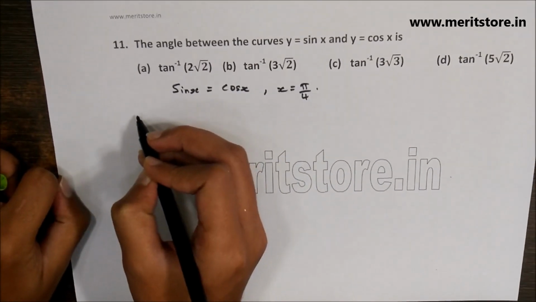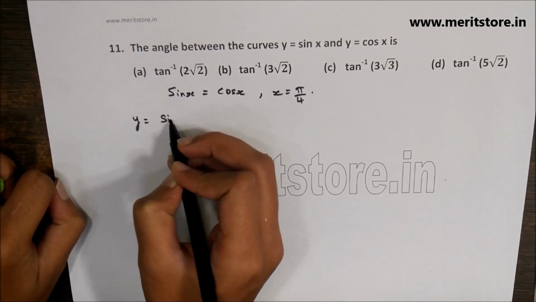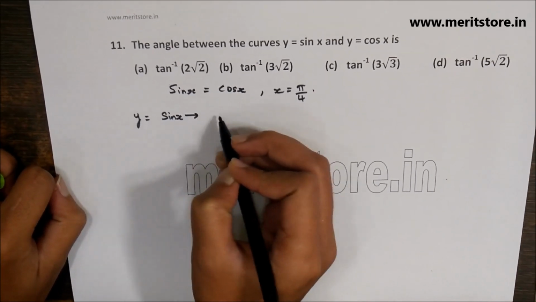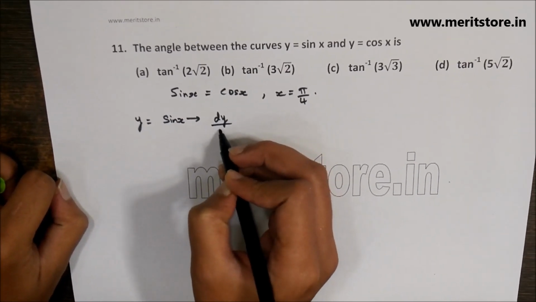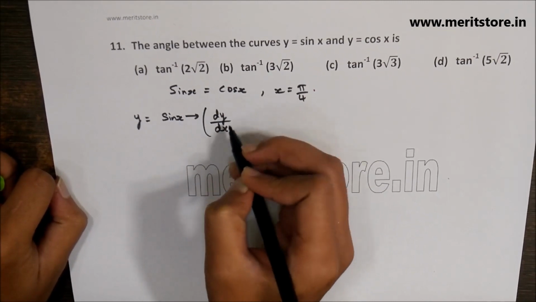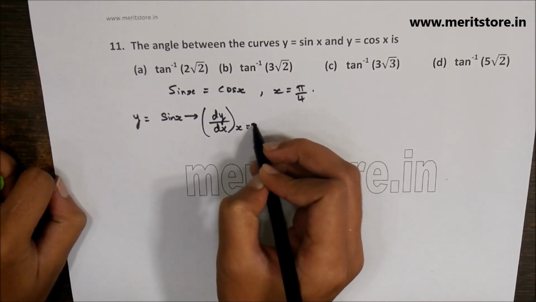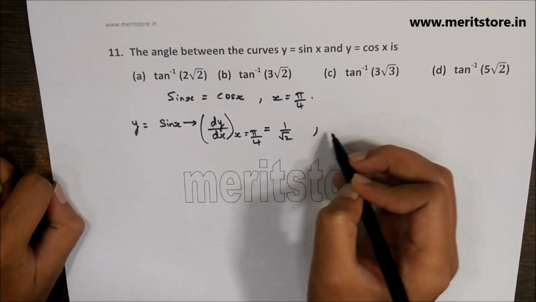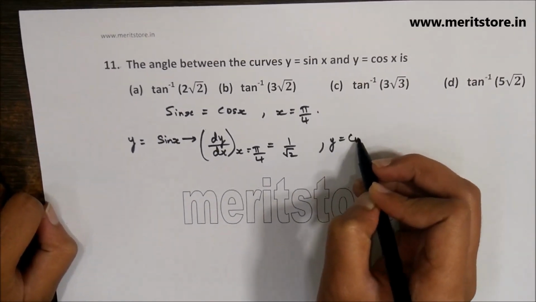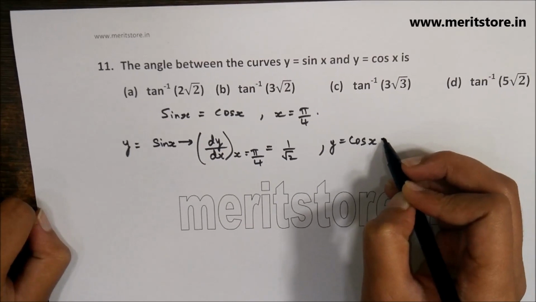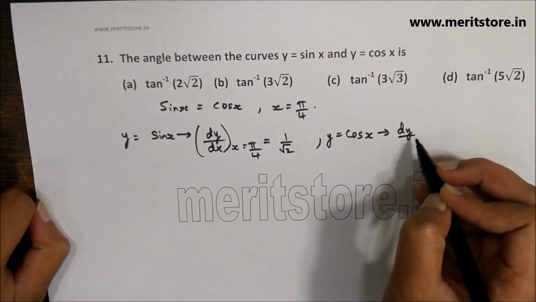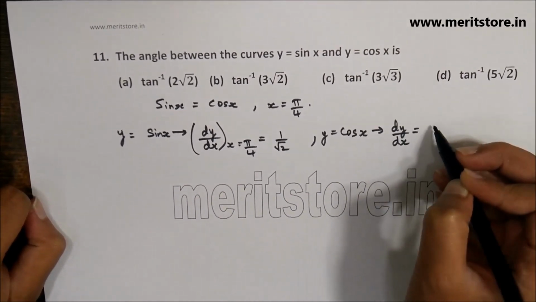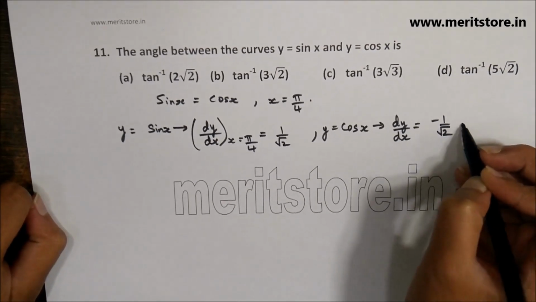Now differentiating y equal to sin x with respect to x, dy by dx at x equal to pi by 4, we get 1 upon root 2, and y equal to cos x, differentiating this term as well, dy by dx at x equal to pi by 4, we get minus 1 upon root 2.